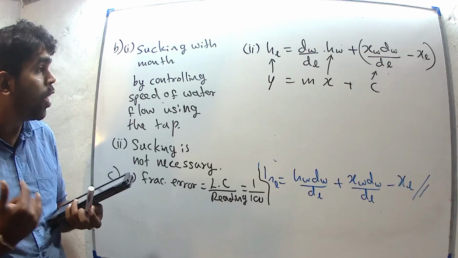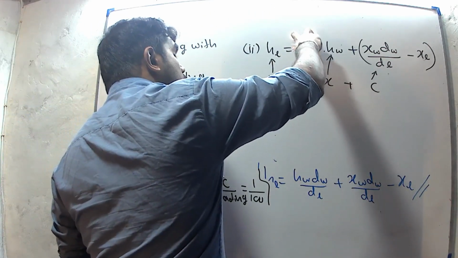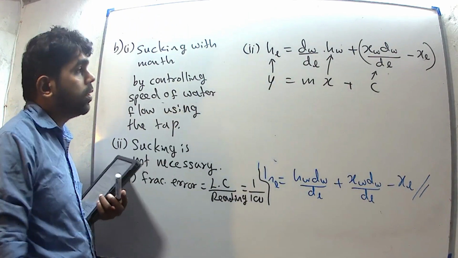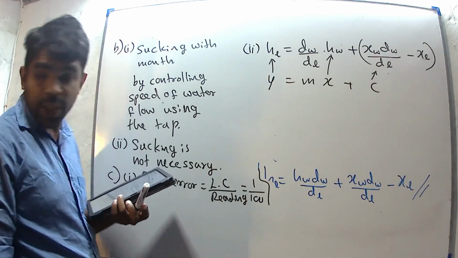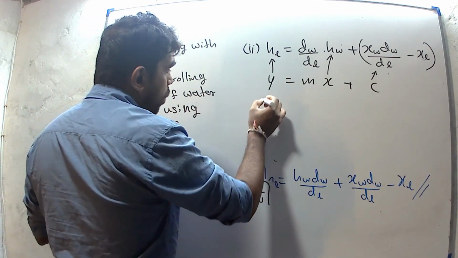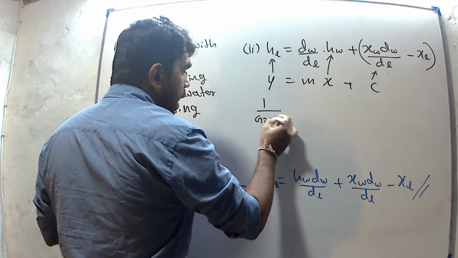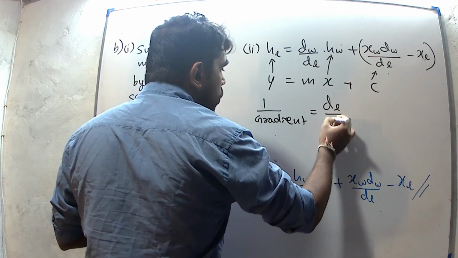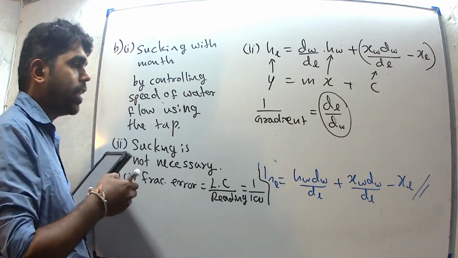We have to find dL over dW, but in this equation this term is the reciprocal of the specific gravity or relative density of sulfuric acid. Then we can take 1 over gradient, which equals dL over dW. This is the relative density of sulfuric acid.